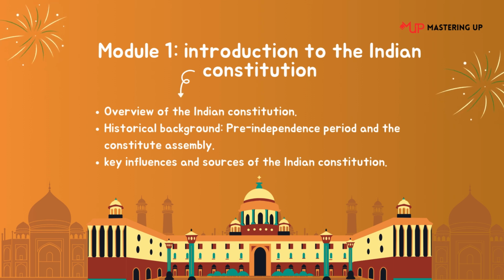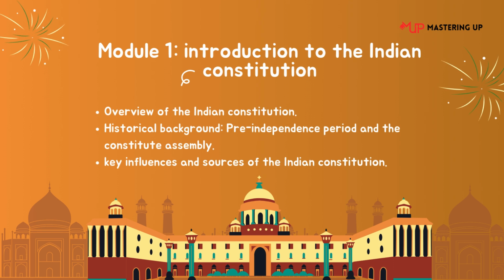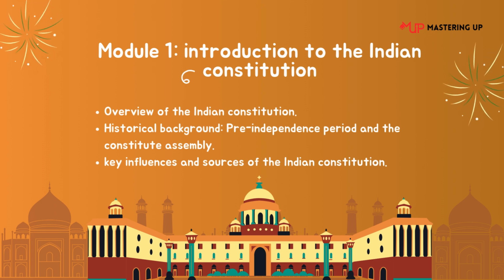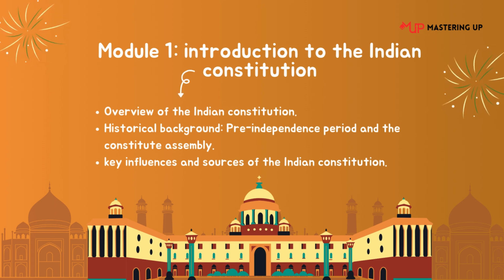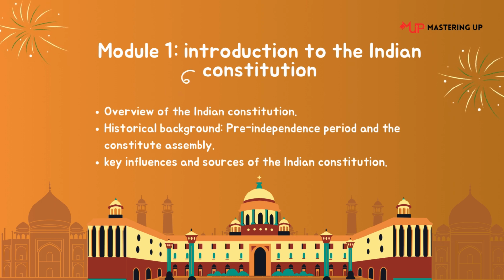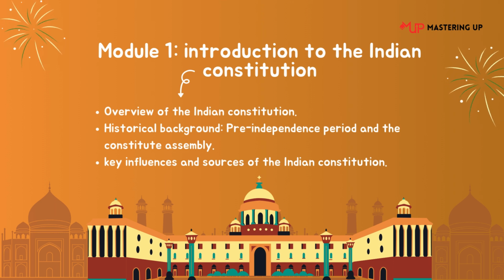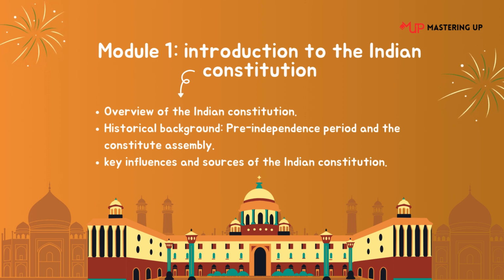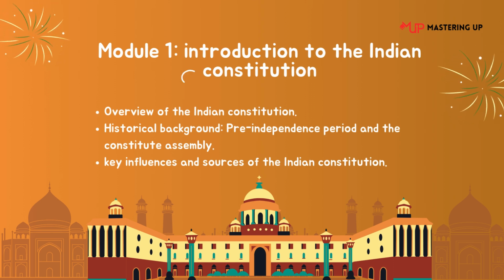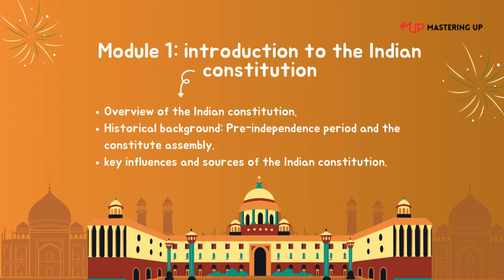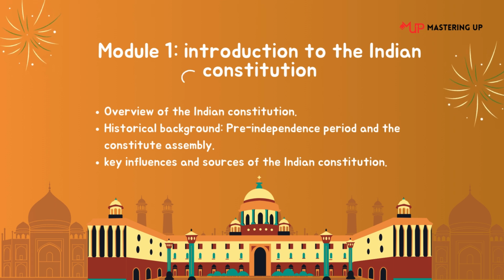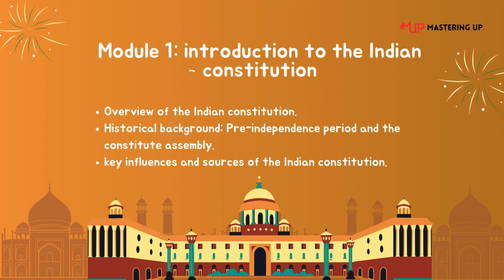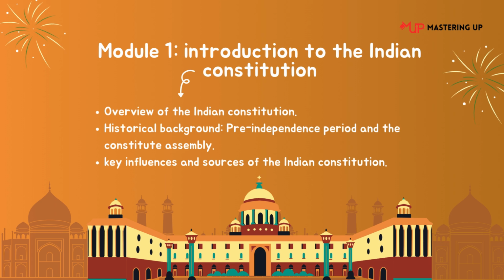So we will learn in module 1 the historical background: it was drafted by the Constituent Assembly in 1946 to 1949, and Dr. B.R. Ambedkar led the drafting committee. We will know some key principles about the Preamble, like justice, liberty, equality, and fraternity, which define the core democratic values of India.